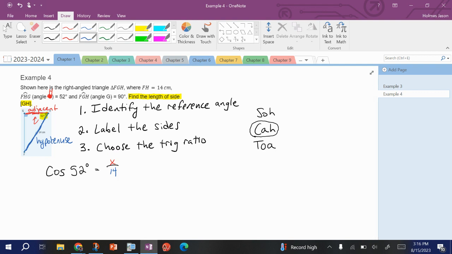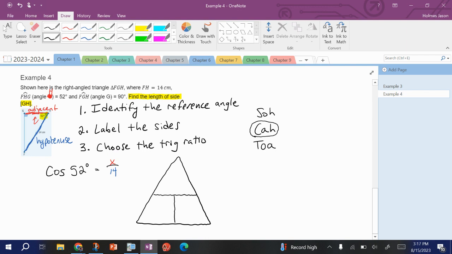Now, if you know how to solve this equation, if you've gotten good at doing these over the years, that's awesome. Just go ahead and solve it. If you're not sure what to do next, you might try this out. This is just a way to organize your information so it's easy to tell what you're supposed to do.